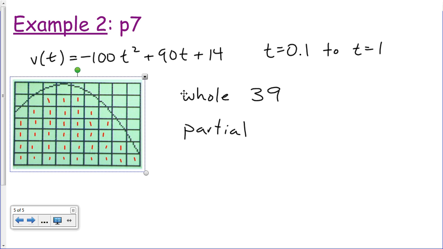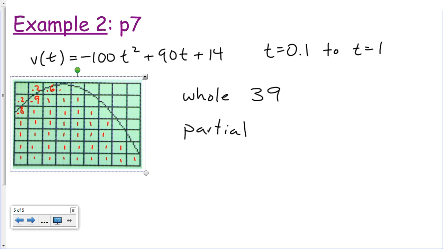I'm going to approximate these, of course. I'm going to start on the left here: 0.8, 0.2, and then 0.9, 0.2, and 0.6.